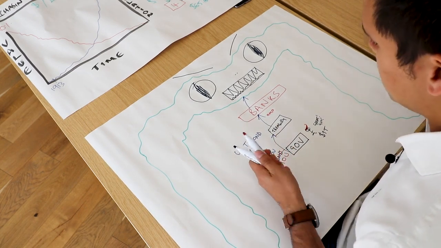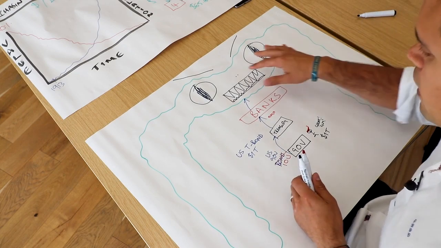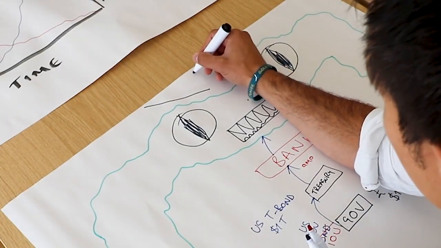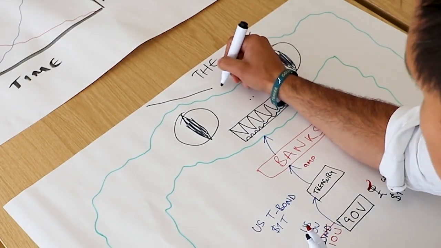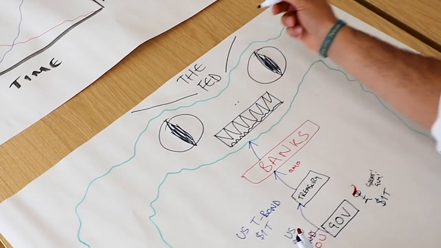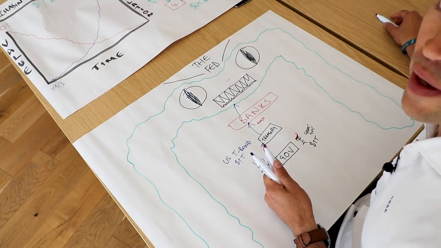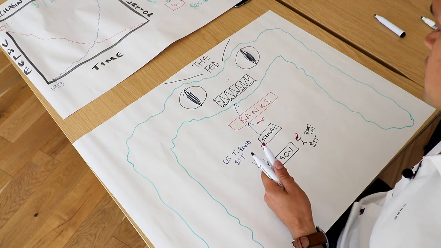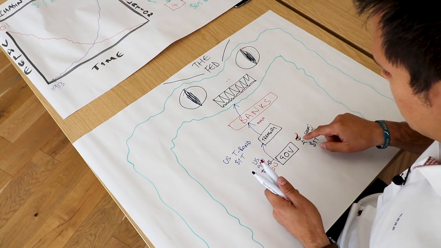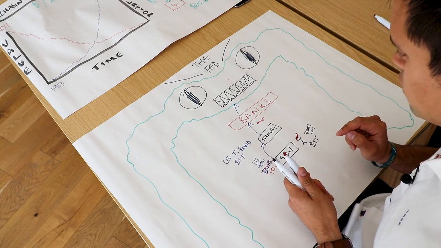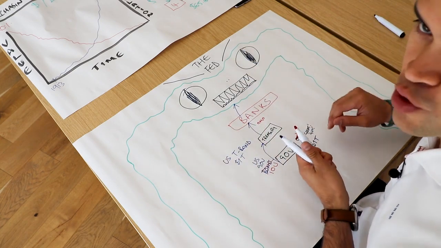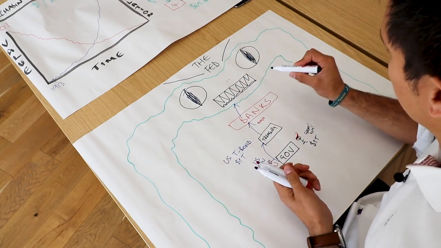So what happens is this T-note makes it all the way up to the Fed. This is the Federal Reserve, the US Central Bank. And so the Fed goes, oh, you're such a great guy, you need $1 trillion. Sure, we'll take this US Treasury bond and we'll give you $1 trillion.